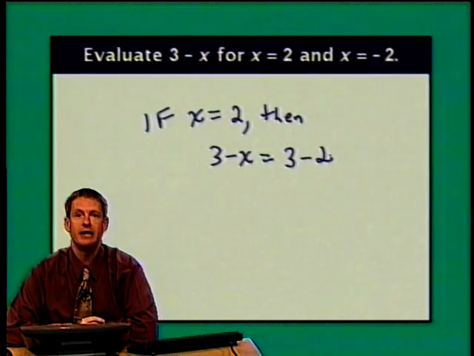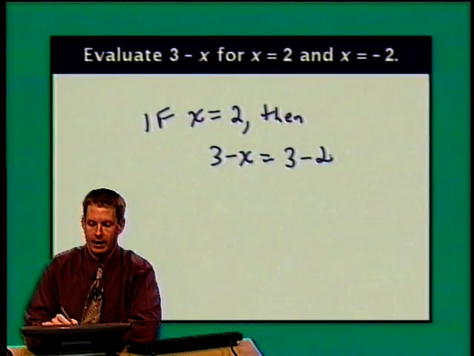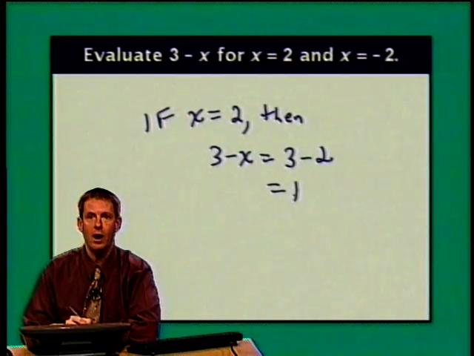That's because I didn't need any sort of parentheses to clearly communicate the operation that needs to be performed. I need to subtract x from 3. I need to subtract 2 from 3. That is clearly communicated simply by writing down 3 minus 2. And 3 minus 2 is 1.